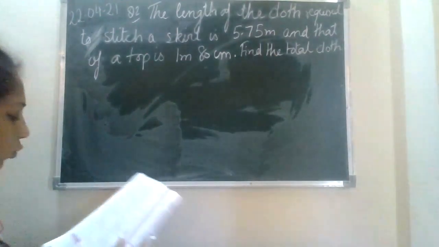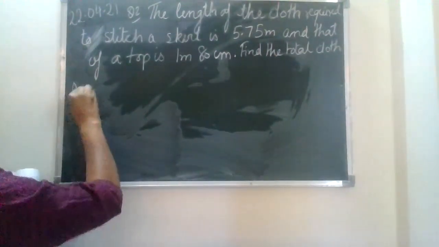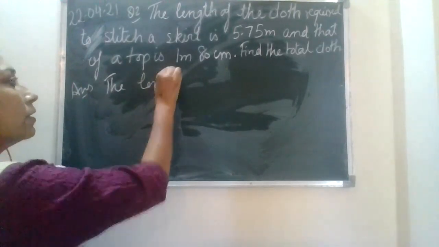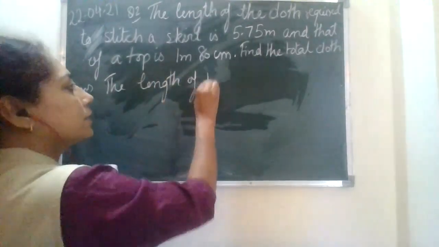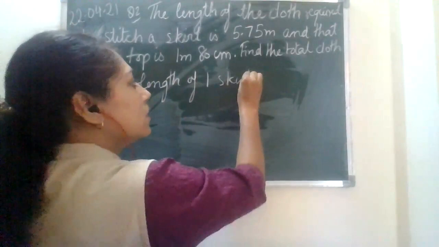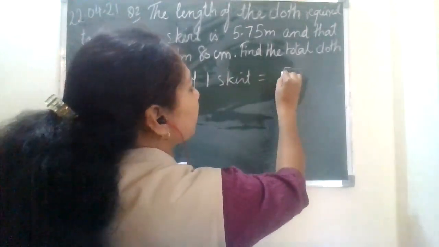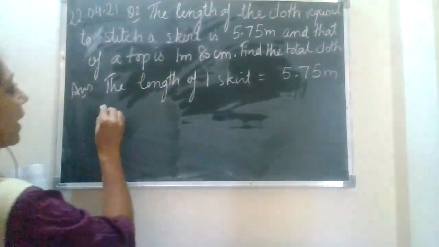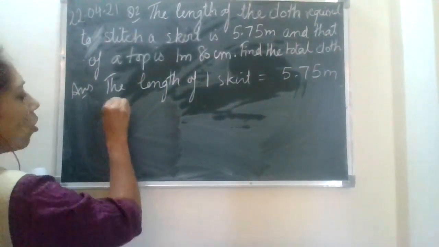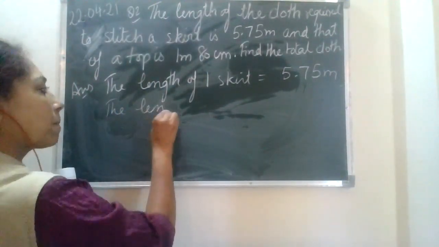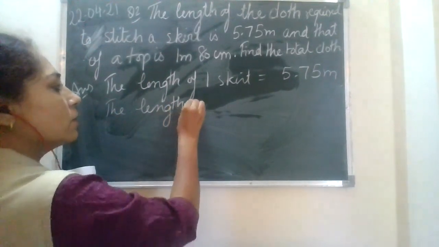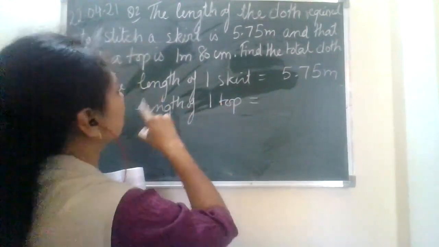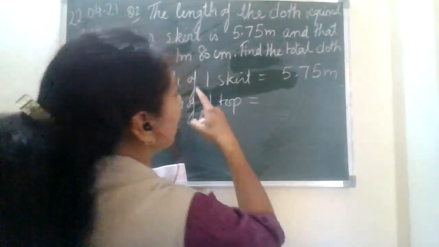So how are you going to do it? The length of one skirt is equal to 5.75 meters, and the length of one top is equal to 1 meter 80.